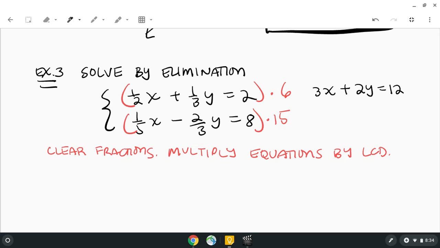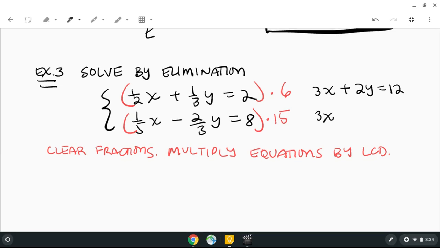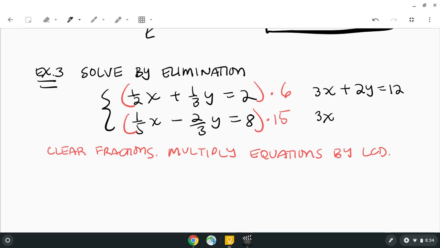Same thing with the second one. 15 divided by that 5 over there is going to be 3x. That's convenient. 3 goes into 15 5 times, multiplied by -2, so that's going to give me negative 10y.